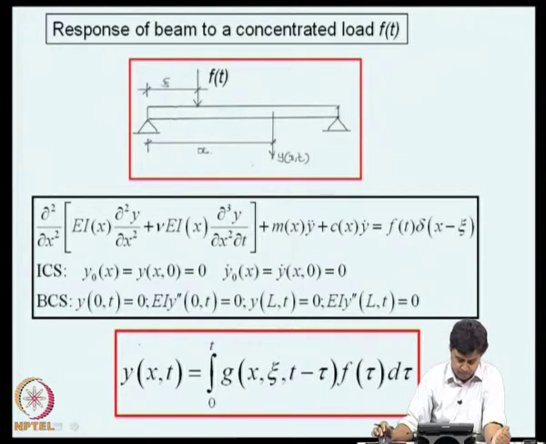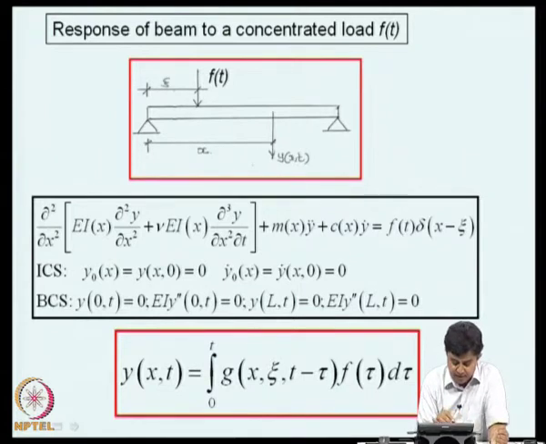Now, if we apply a force f of t at x equal to psi, and I want to characterize the time history of response, say the displacement at this point. Just now we analyzed this problem in frequency domain, we are now considering the problem in time domain.